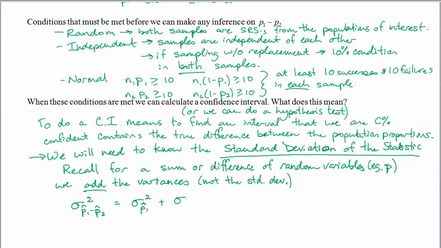Those are the variances of your sampling distributions of the proportions.